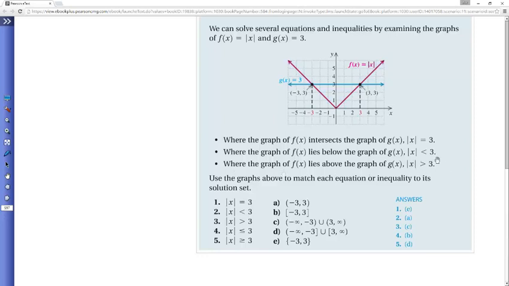And where the graph lies above this line, this dividing line, we get the absolute value is greater than 3. Okay. So using graphs above to match each equation or inequality to its solution set, we can see some patterns, and they show you that, where you can just kind of do a matching there. It's a good little exercise.